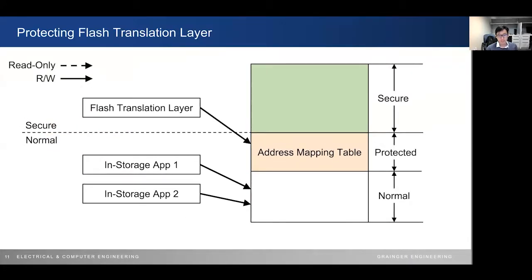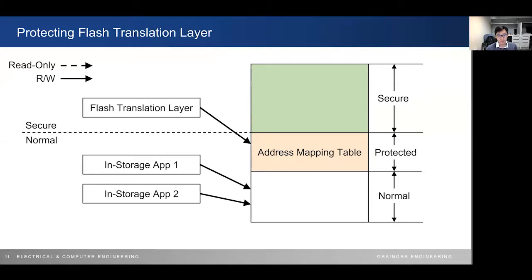So to overcome this challenge, we come up with the following design. We introduce another protected memory region and put the address mapping table inside the protected region. And we enforce that applications running in the normal world can only have read-only access to the protected region.